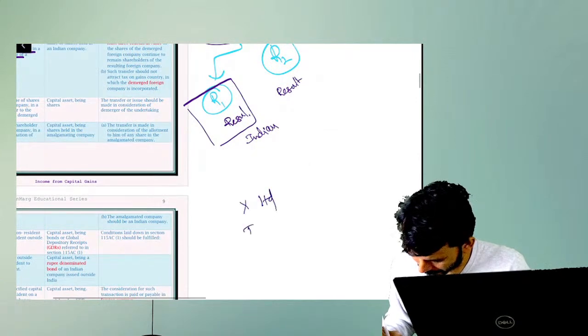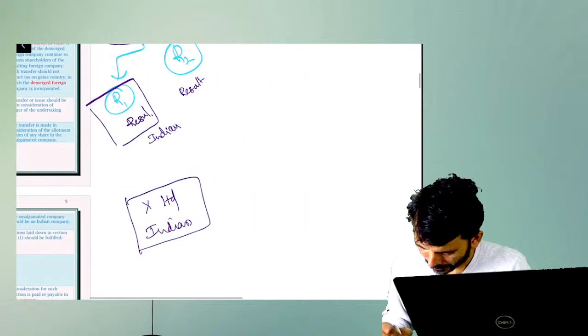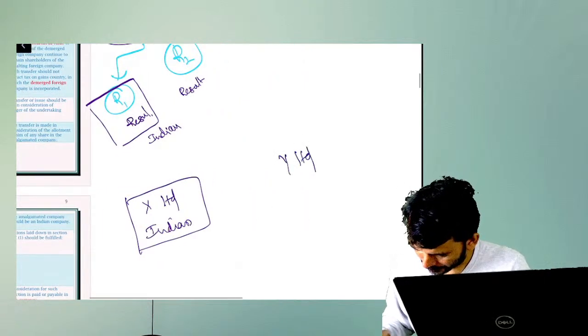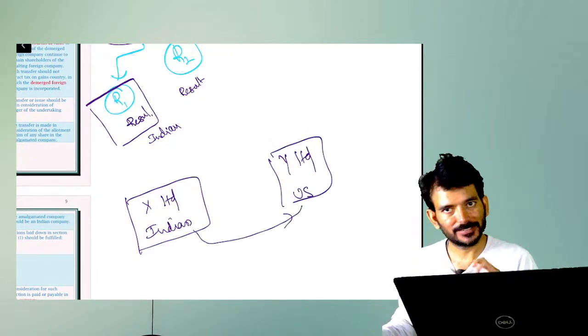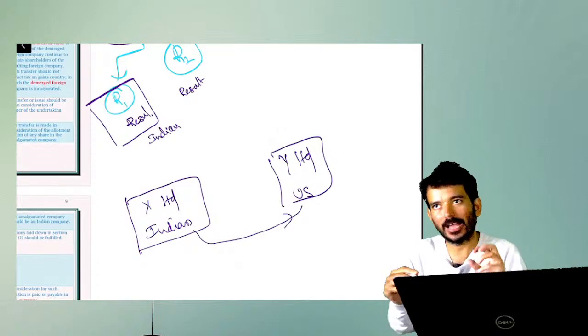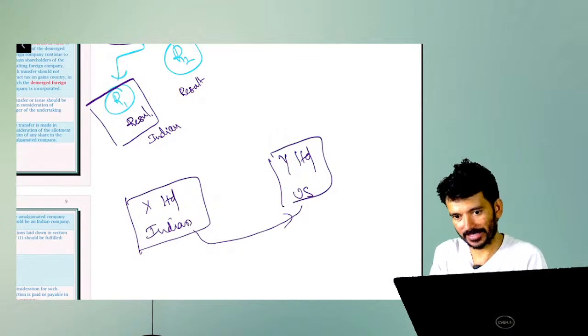X Limited, this is the Indian company. This is in the US, so you know it's a foreign company. They are holding some shares in the Indian company, so they are deriving their value from the shares they are holding in India. This is also clear.